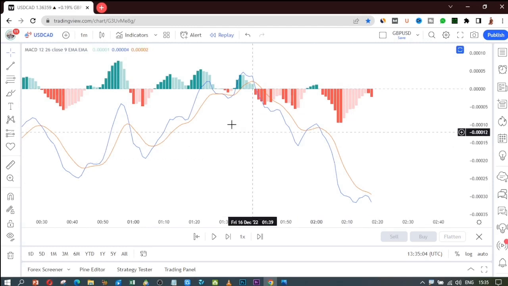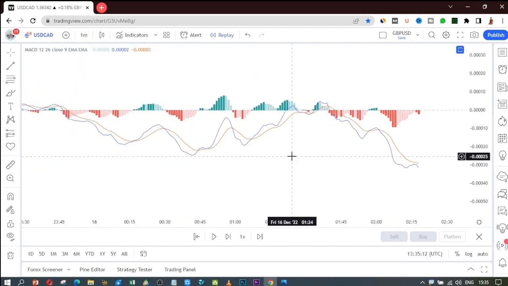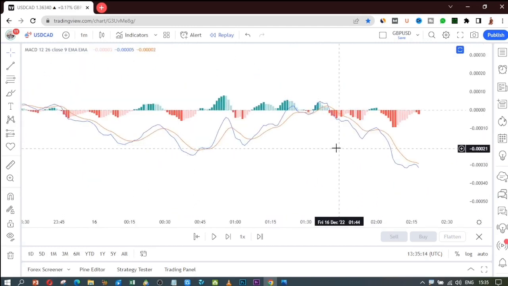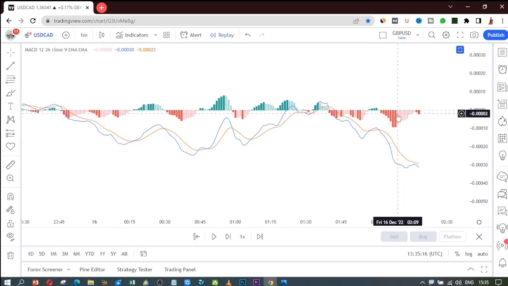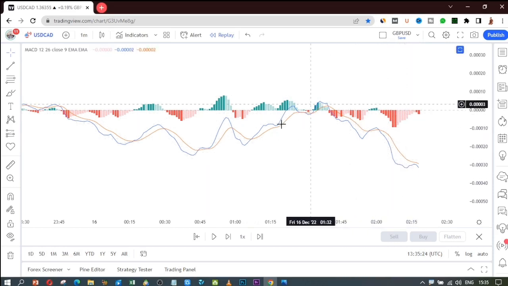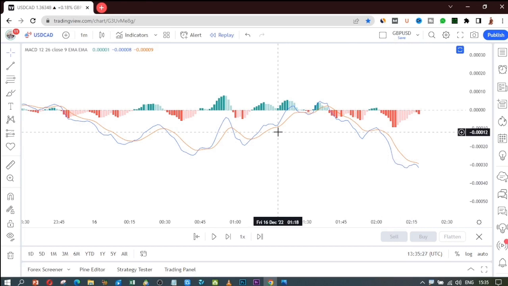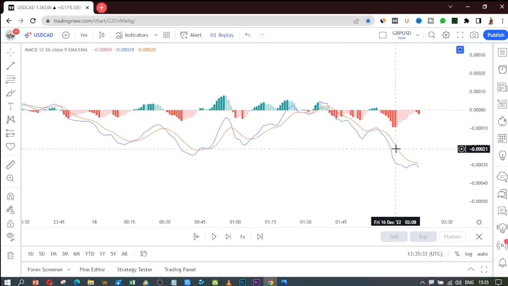If you look at the MACD, this is how it works. The MACD has three different things. The first one is the histogram right here. The blue line here is called the MACD line, and then this other line here is called the signal line.